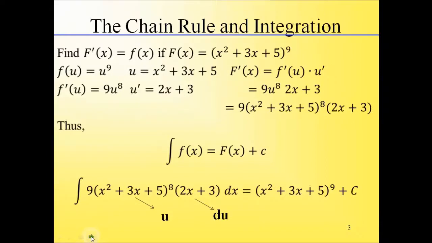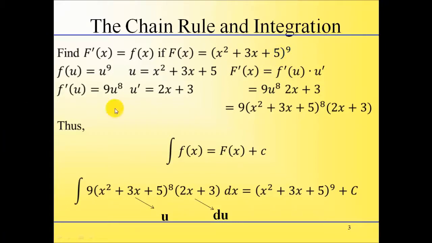And then you must remember about the chain rule, okay? It is the correlation between the chain rule and integration. So from here, for example, find f prime x, if fx is equal to x squared plus 3x plus 5 to the power of 9.